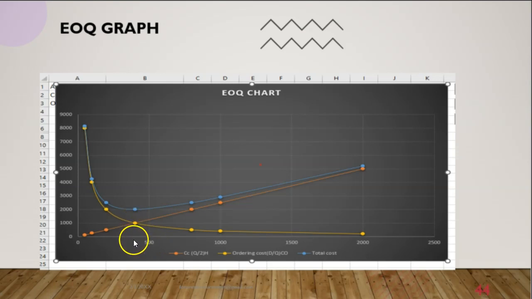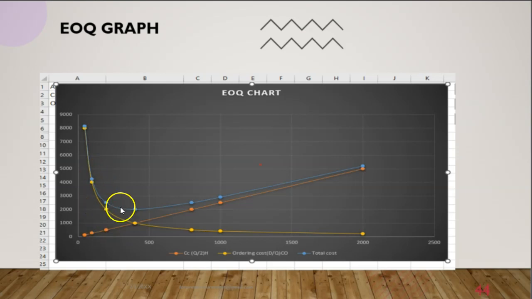If you drop that line down, it's 400. If you drop this line from here, it's 1,000. So that is the calculation we did by mathematical calculation earlier. If you plot a graph in Excel, you will still get the same result.